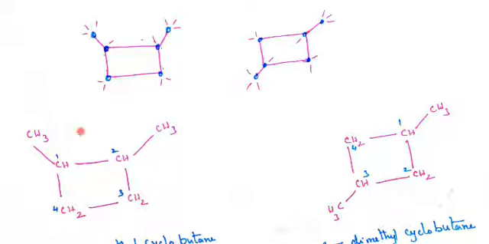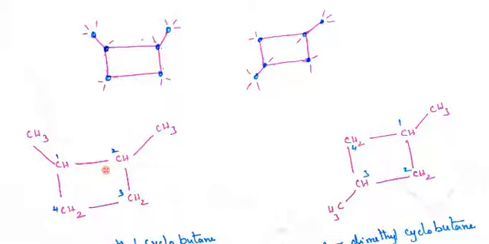This is CH, linked with 3 bonds, and this CH also linked with 3 bonds. And top CH3, and this is CH2, another carbon CH2. So numbering 1, 2, 3, 4: in the first carbon and the second carbon, 2 methyl groups are attached, so 1,2-dimethyl.